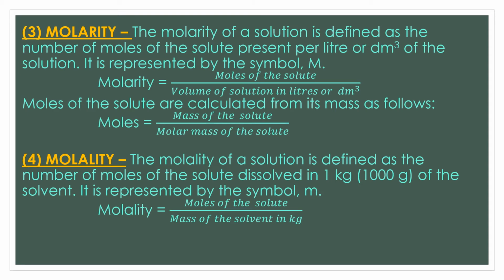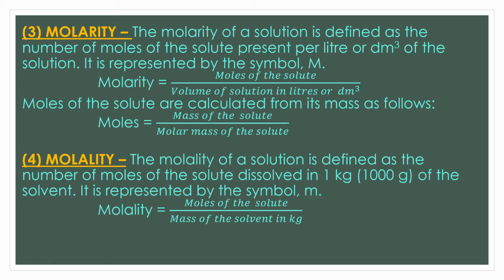Now the next one is molarity. The molarity of a solution is defined as the number of moles of the solute present per liter or decimeter cube of the solution. It is represented by the symbol M. In the form of a formula, molarity is equal to moles of the solute divided by volume of the solution in liters or decimeter cube.